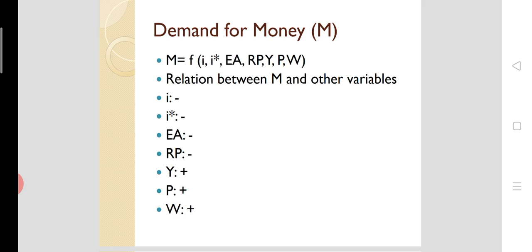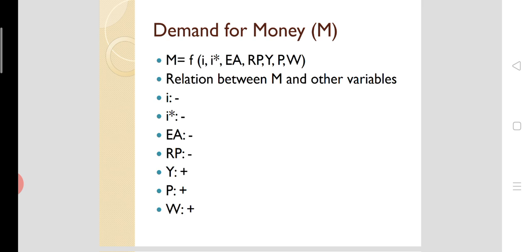Next is RP. RP is the risk premium paid for hedging the foreign exchange risk. The investment in foreign bond involves the risk of expected depreciation of the currency. So when the currency is depreciated heavily, the investors who invested their money in the foreign bond will make a loss.